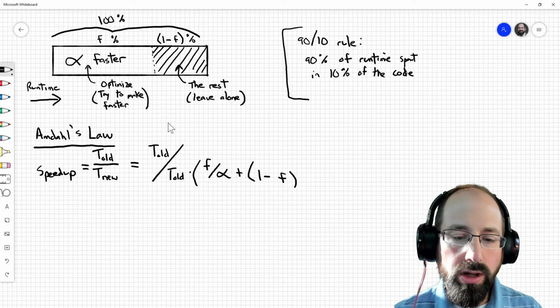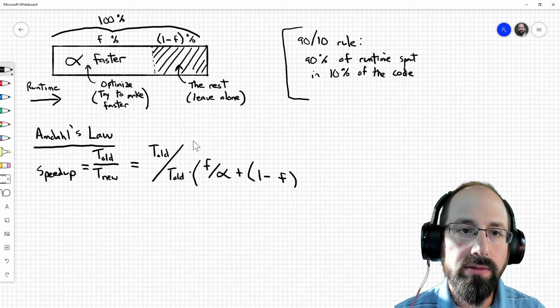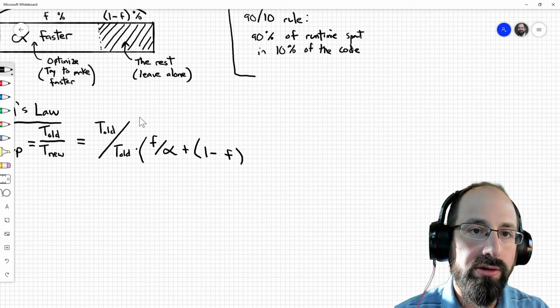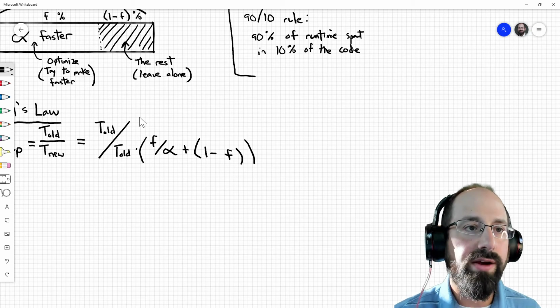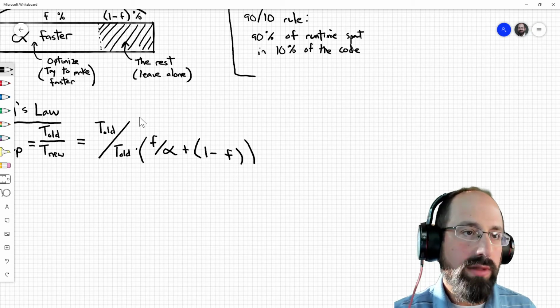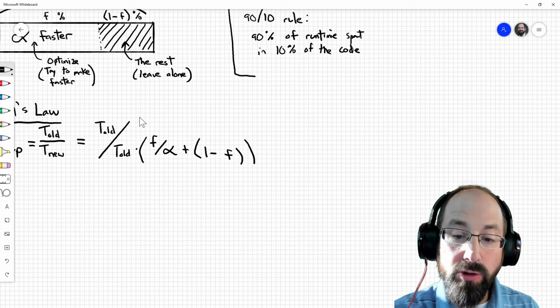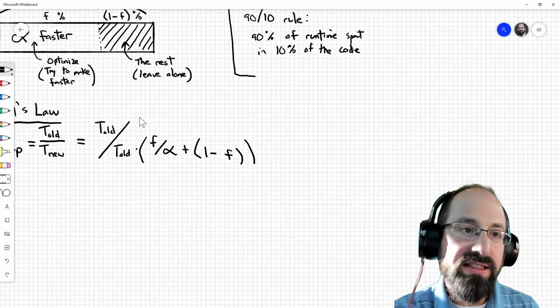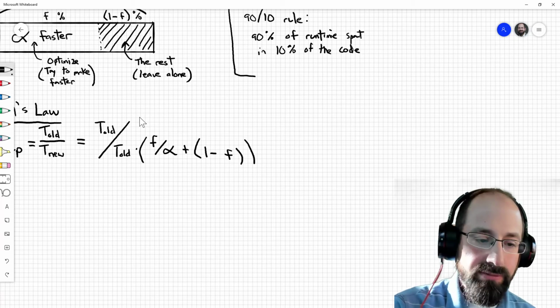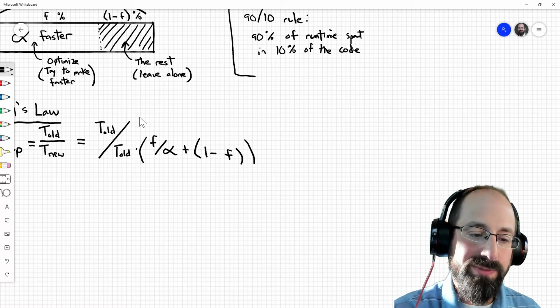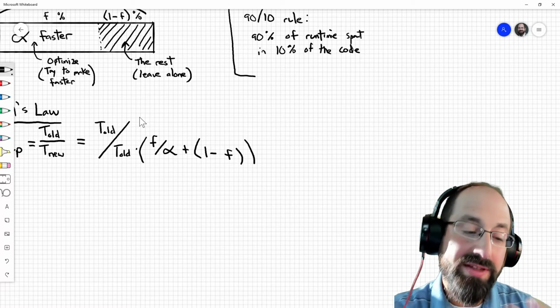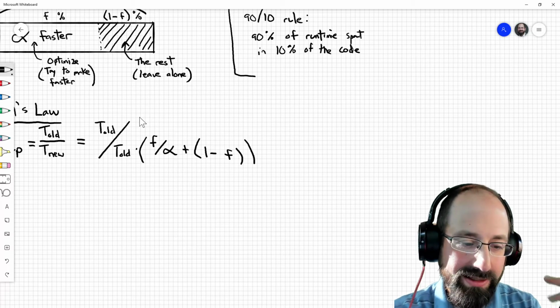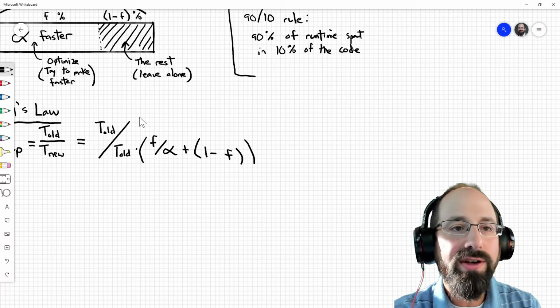And yeah, 1 minus F, and there's our parenthesis there. So T old is what the original runtime was. We have what our new runtime can be, and it's just a function of the amount we can speed up, as well as the amount we couldn't speed up before. If we don't want to think of it in terms of percentages, which can be a little abstract for our purposes, think of it in terms of seconds.